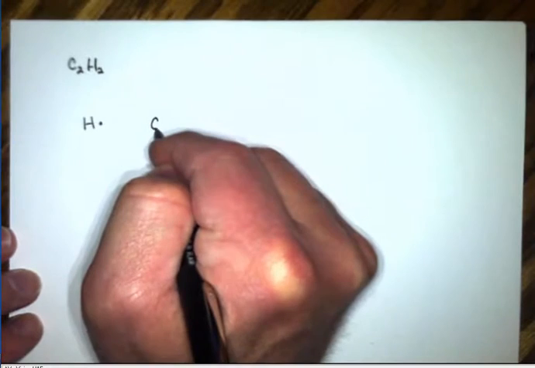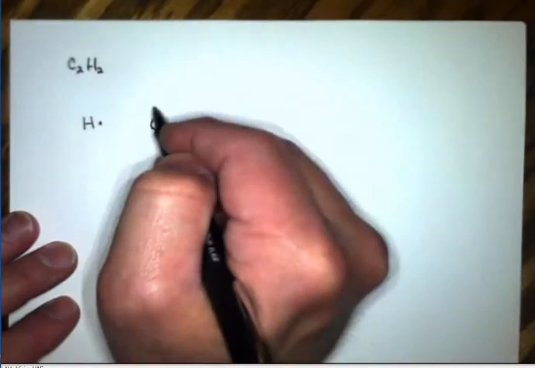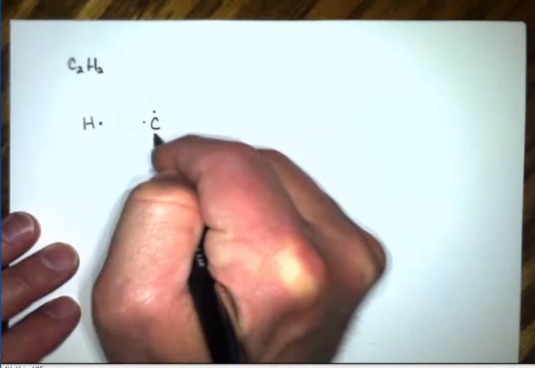So I want to put a hydrogen here with 1 electron dot representing the valence electron in the hydrogen. Carbon has 6 electrons, but we're only looking at the valence electrons. There are 2 electrons in a lower energy level. In the highest energy level, the valence level, there's only 4 electrons, so we can use 4 dots.